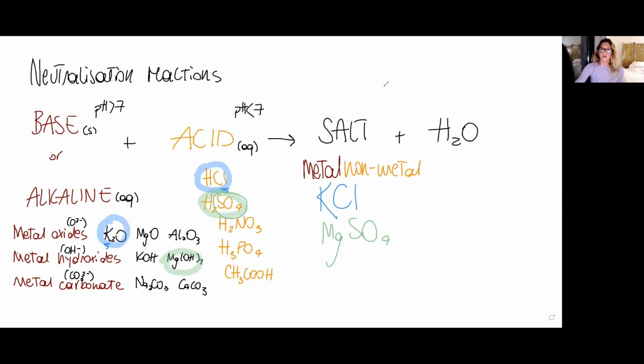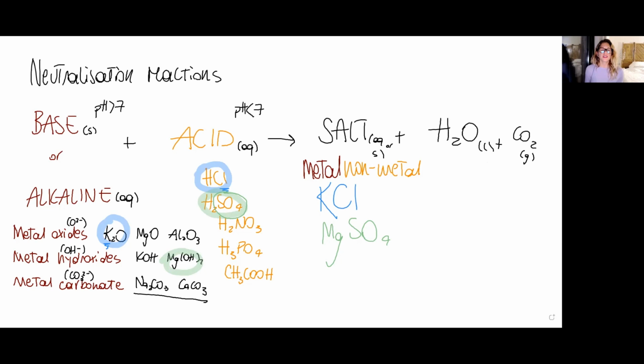One last thing to add is that when we have a carbonate, in addition to water, the neutralization product is also carbon dioxide, a gas. To finish this off, a salt can be aqueous if it's soluble, or a solid if it's insoluble. Most of the salts are soluble, so if you're unsure, it's better to write aqueous. And water would be written as a liquid.